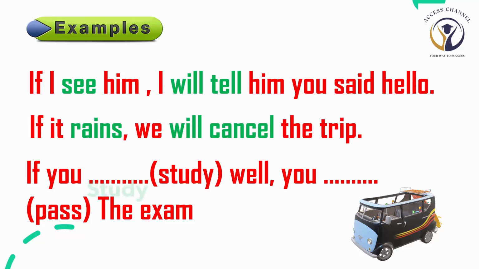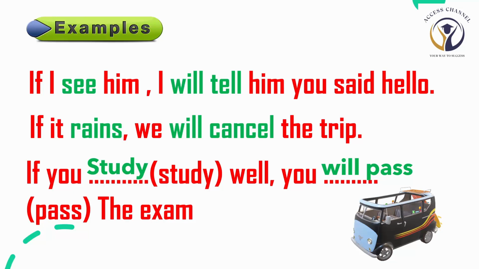You are right, yes. If you study well, you are not going to change the verb here because it's the base form. If you study well, in the present, you will pass the exam. This is very possible to happen. If you just study hard, you will pass the exam.